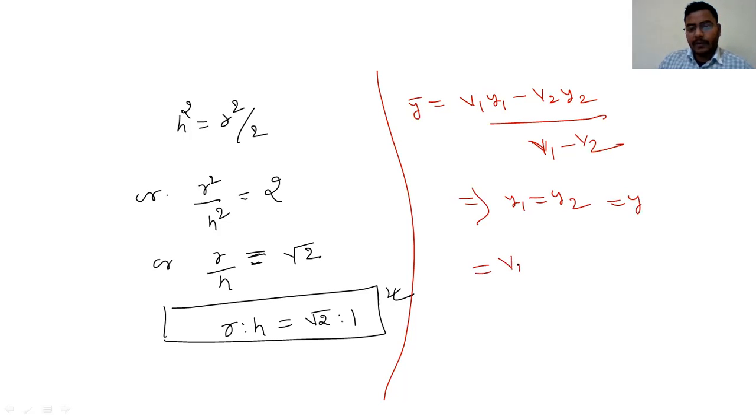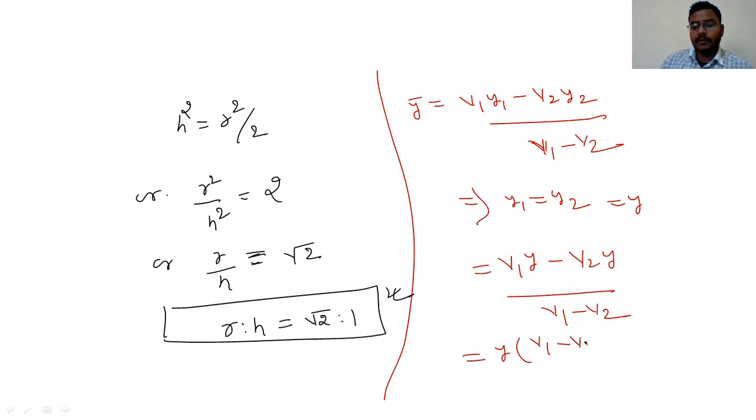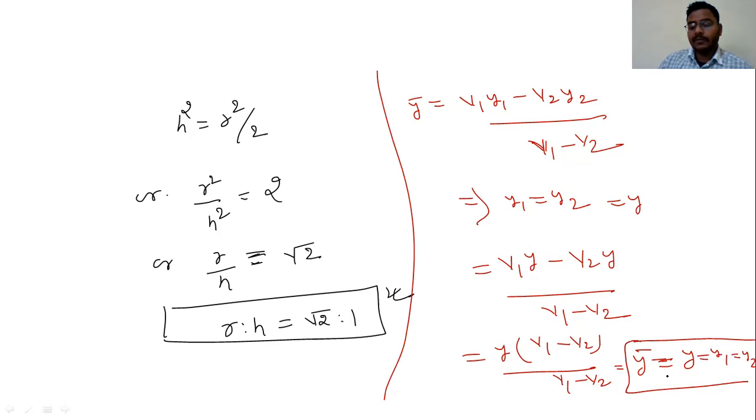Putting the values, V1 into y minus V2 into y divided by V1 minus V2. By taking y common, it becomes V1 minus V2 divided by V1 minus V2 times y, which equals y. So in this case, y bar is equal to y, which is equal to y1 and y2.